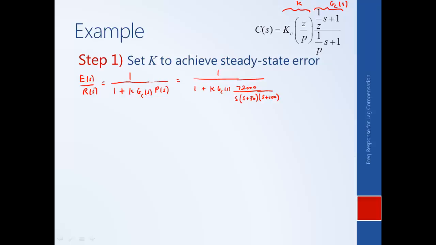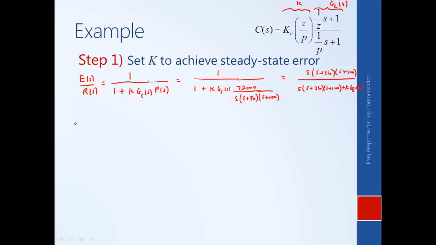I can then clean this up by multiplying through by this denominator. So I get a numerator of s times the quantity s plus 36 times the quantity s plus 100, divided by s times the quantity s plus 36 times the quantity s plus 100, plus the K times Gc(s), which is left over.